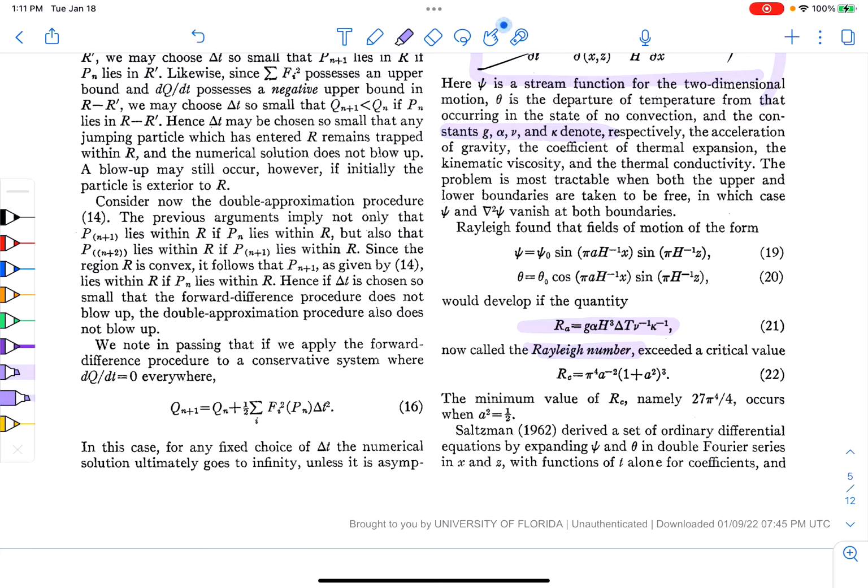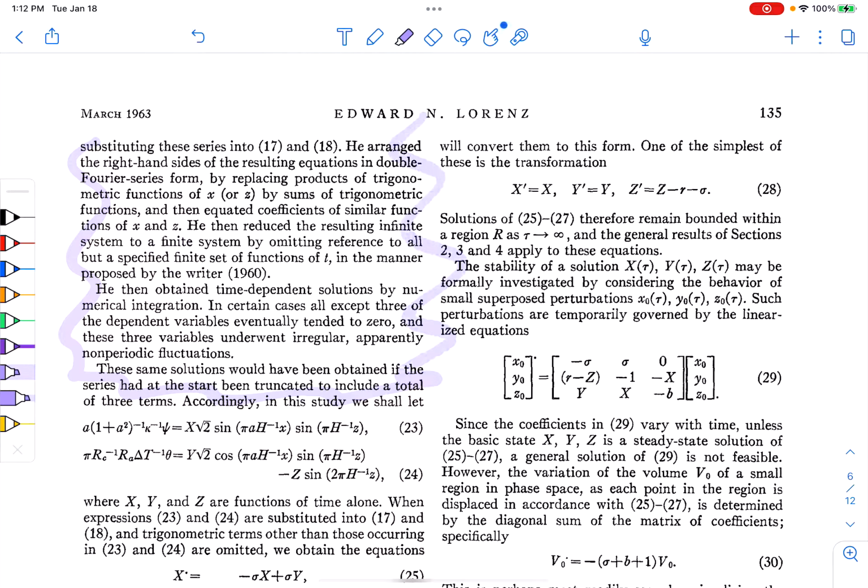This is how you see those convections. Anyway, Saltzman, before this paper, derived a set of ordinary differential equations that simplify these. That's what this whole section is, and it's all discussed here. You can read that if you want and go through it. That's not the most important thing.